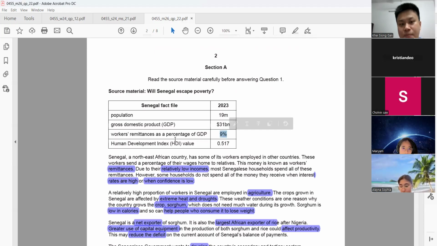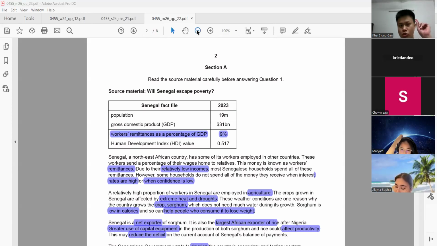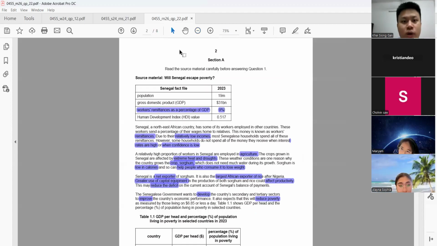So you use 9% times this figure. Workers' remittance as a percentage of GDP is 9%. So very simple. We do it on the screen, in point form also. So let me write down question A.